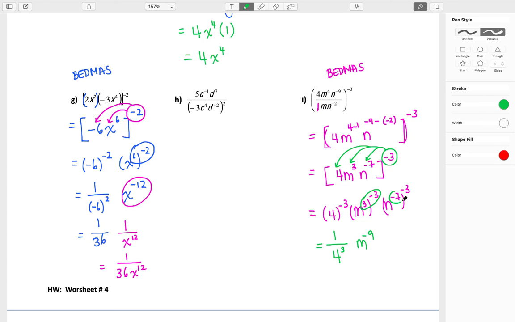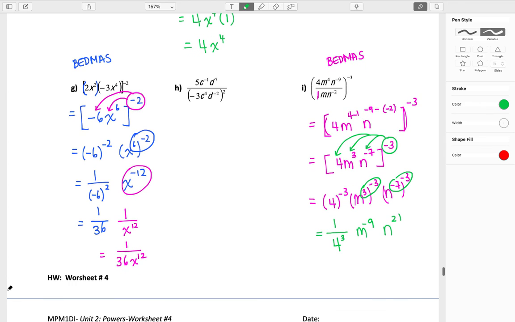And for n, I'm going to multiply these two, n to the 21. So n is positive and m is negative. I just need to do 4 to the 3, which is 64. I'm going to take the reciprocal for m, and it becomes positive, times n to the 21.